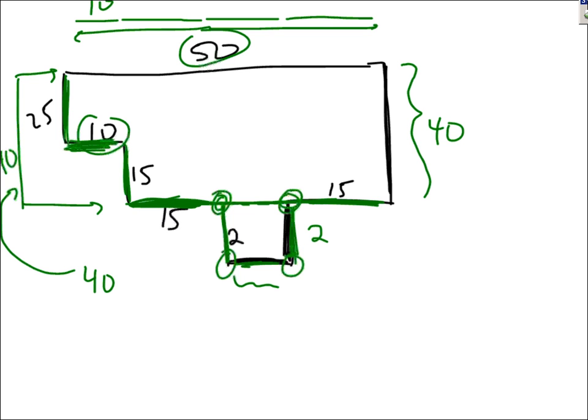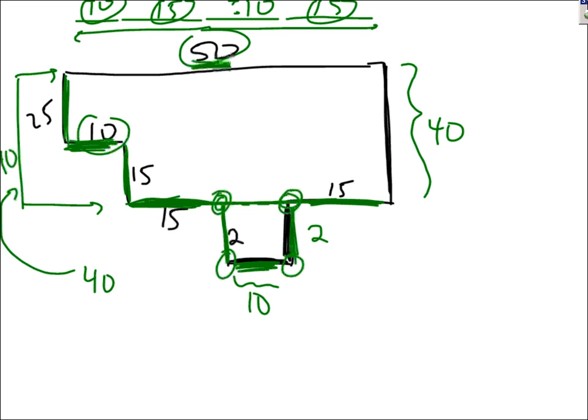Then it's 15. And that piece we don't know. We don't know what this is. But this piece is 15. When you add these up, 15 and 15 is 30, plus 10 is 40. But the whole thing needs to be 50. Okay, 40, this is 10. This piece right here is 10. The 10 is what's missing.